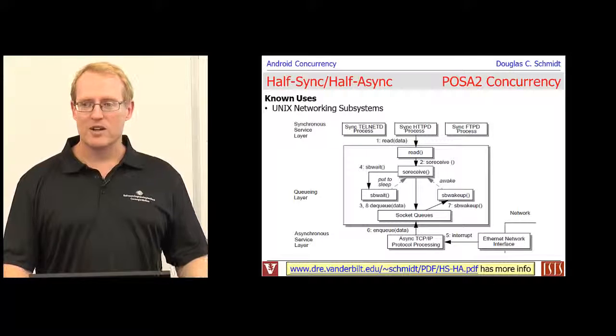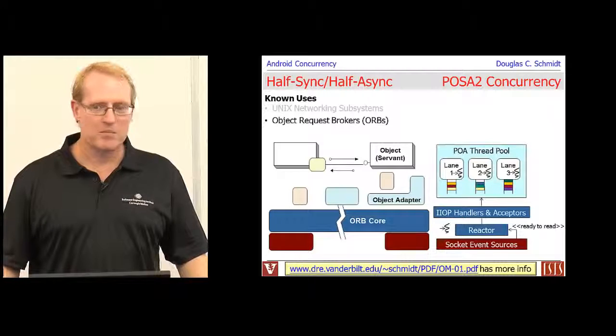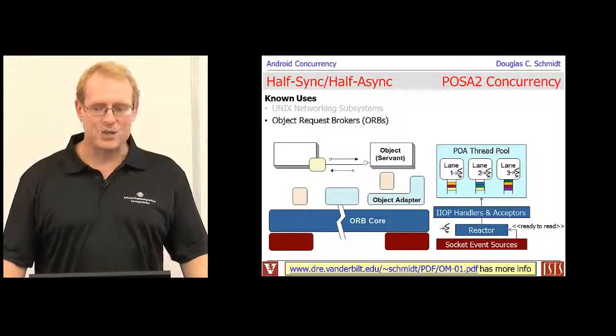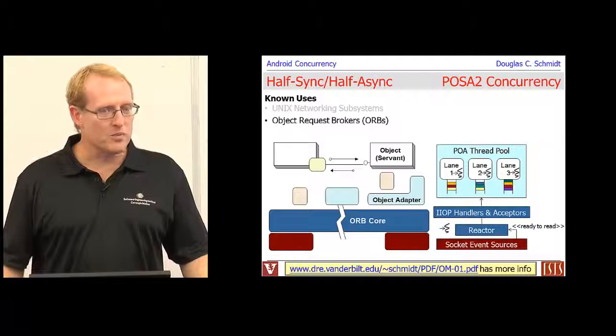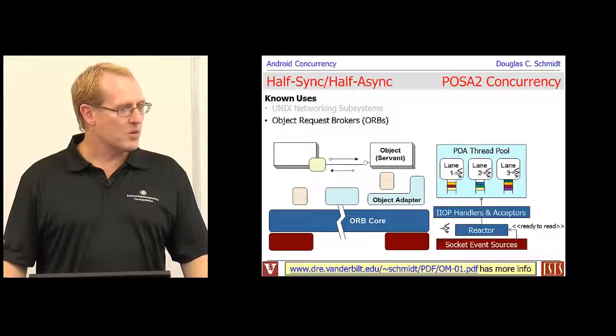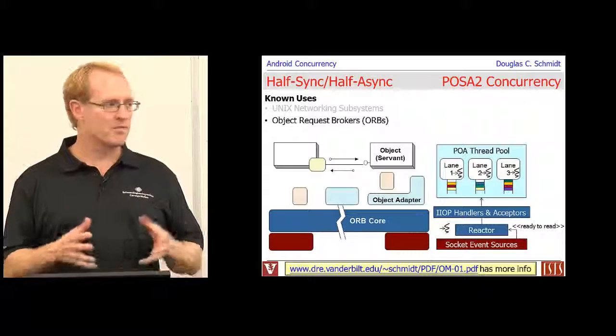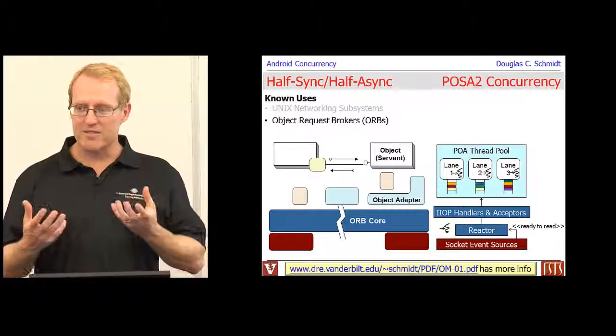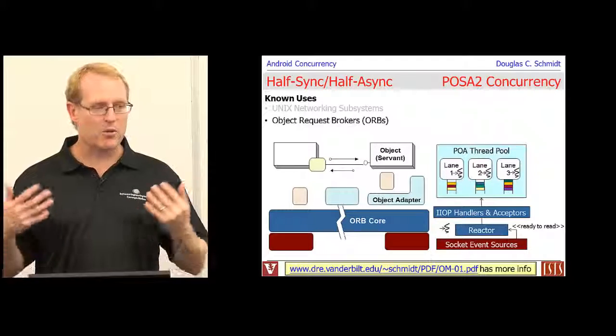Great example if you ever end up looking inside things like BSD Unix, which is all open source, or Linux, you'll get a lot out of understanding that pattern. There are also patterns that show up a lot in middleware, things like CORBA, where they do much the same thing. You have some kind of layer at the bottom that waits on a lot of different sources of input to get data from sockets. That's the async part, or the reactive part.